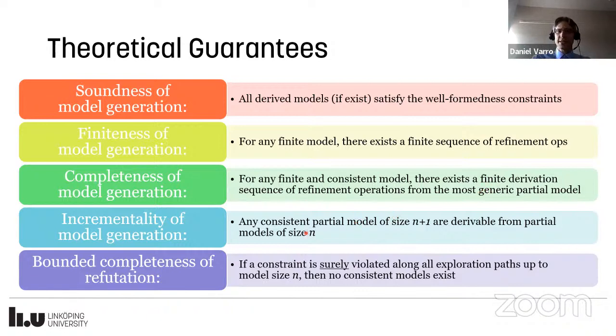Another is that any consistent partial model of size n+1 is derivable from partial models of size n, so we can continue the generation basically along the borders. And the final one is that if a constraint is surely violated along an exploration path of a model size n, then no consistent models exist.